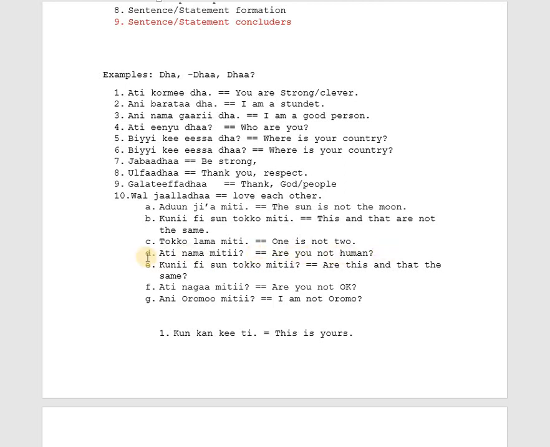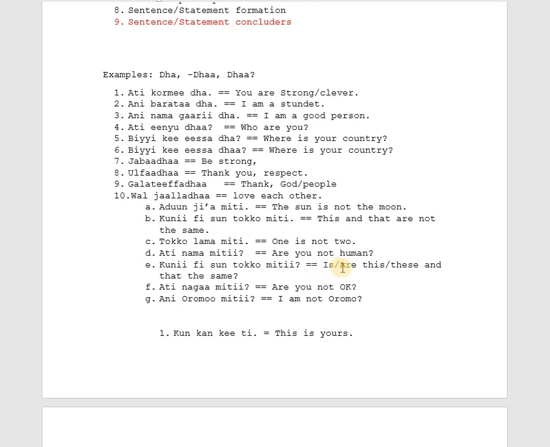That's a question. Kunif sun tokko miti. That's a question as well. I was showing combinations of this, I will come back to that. Are these or this? So there is no concept of plurality here in all of this.